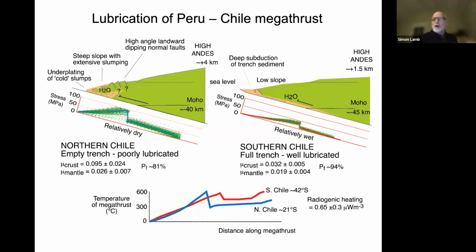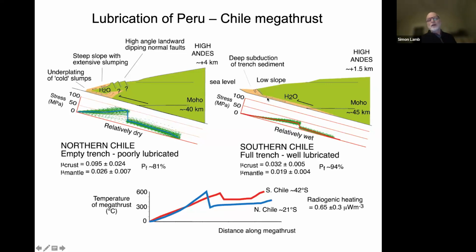And so there's no sediment coming into the trench at all. The trench is actually bare ocean crust. So it's very, very rough, with only a very thin veneer of pelagic sediment on it. And that basically is a poorly lubricated, empty trench. That allows you to get these slightly higher strengths, up to about 40 megapascals.